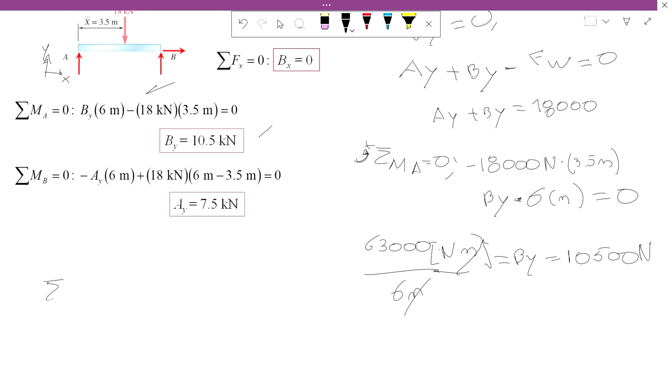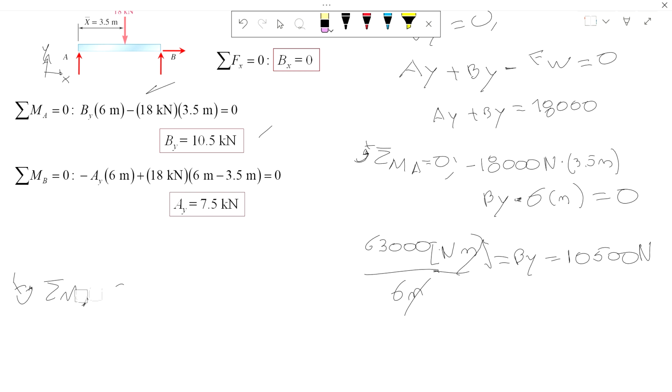So let's do summation of moments at A, and then remember, counterclockwise is positive, so this is equal to 0. And at A, oh wait, what are we doing? That's the one we just did. I apologize. At A, we find B, so now we have to do moment around B. Condition is that counterclockwise is positive.